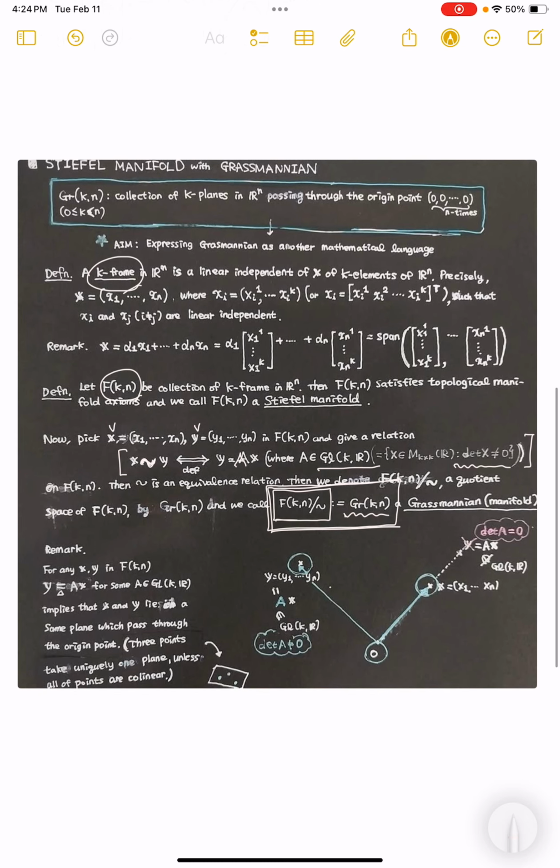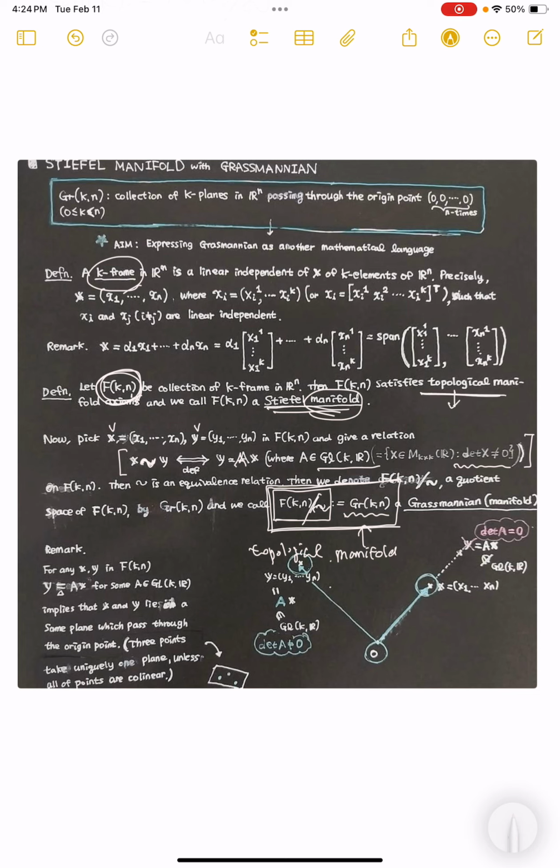One good point is that we can check that the Grassmannian is a topological manifold. Because the Stiefel manifold is a manifold by the definition of a manifold, and the quotient map preserves this, so that is also a topological manifold.